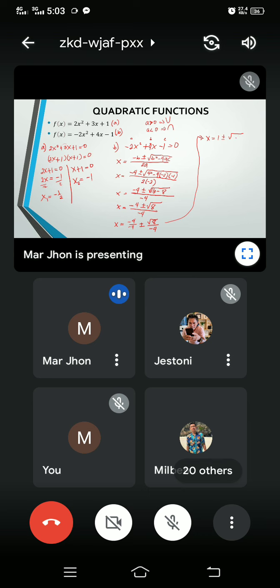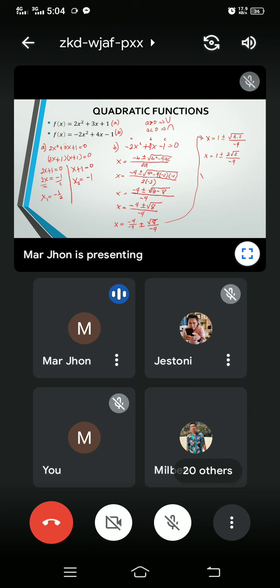The square root of 8 is factorable as 4 times 2, divided by negative 4. So x is equal to 1 plus minus 2 square root of 2: the square root of 4 is 2, then the square root of 2, over negative 4.